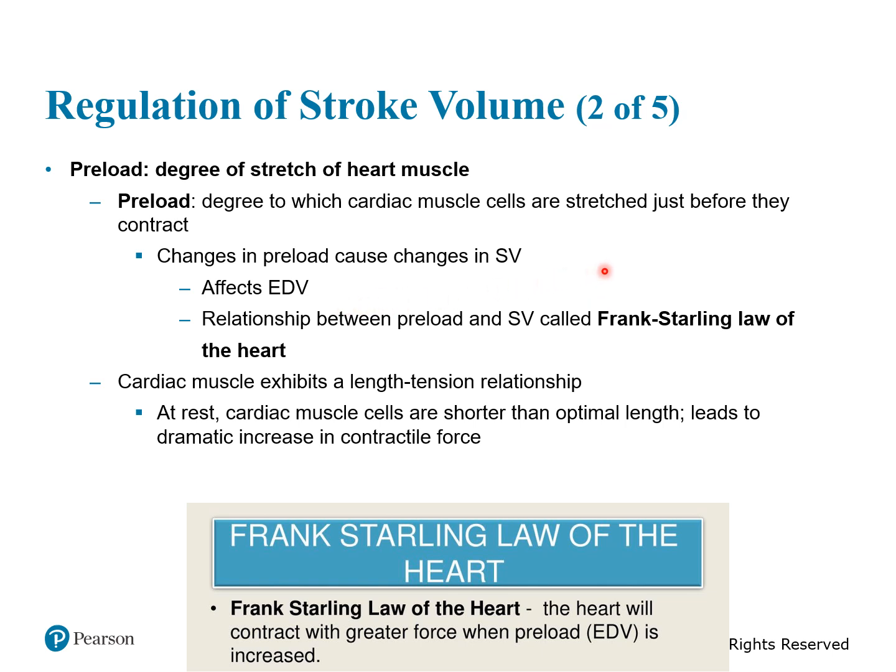And how do they cause changes in stroke volume? Because the more preload there is, the more end diastolic volume there will be. And the relationship between preload and stroke volume is called the Frank-Starling law of the heart. What is the Frank-Starling law of the heart?